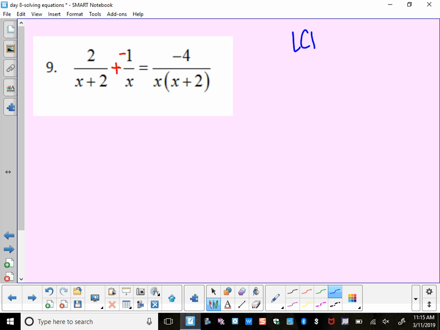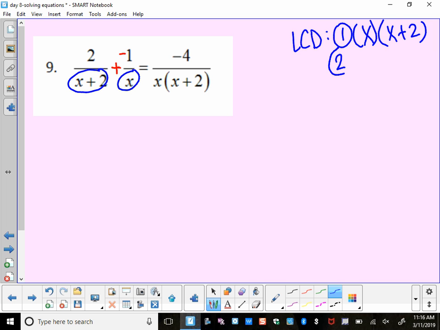So, I know I need to find an LCD. My first fraction has denominators of x + 2 and x. So I'm just going to plug those both in. I have x and I have x + 2. Put them in parentheses if you want.